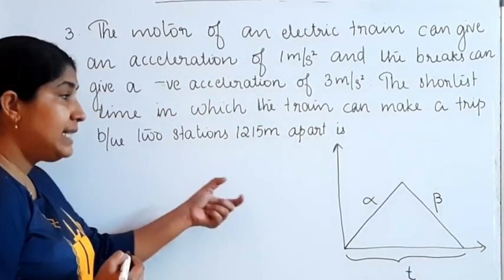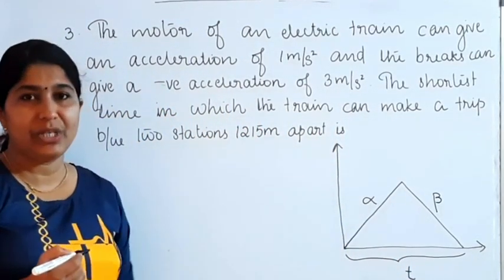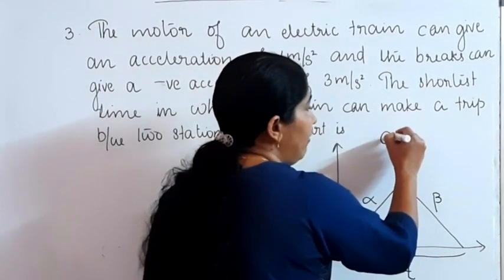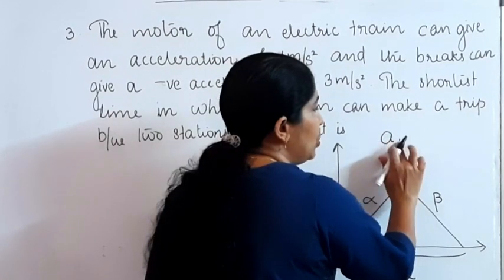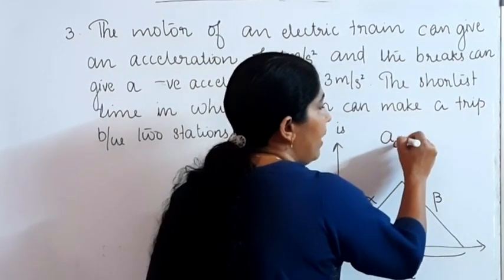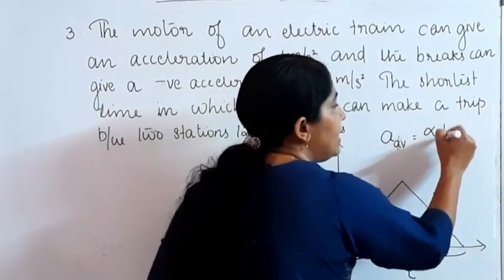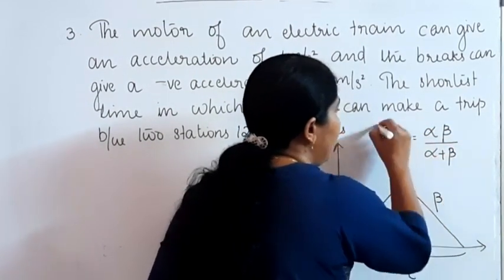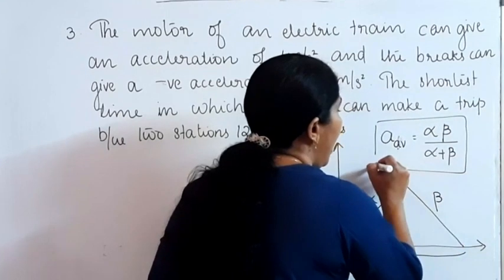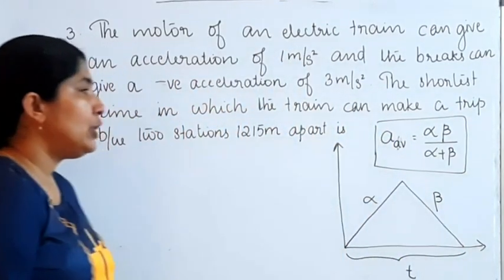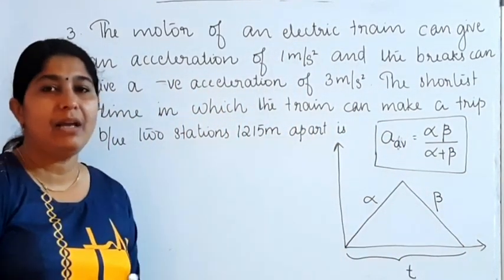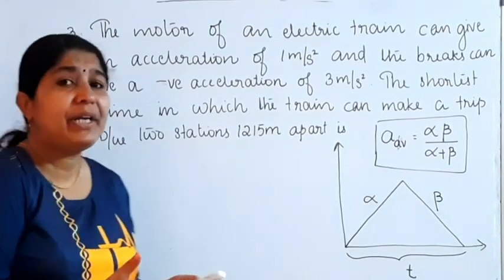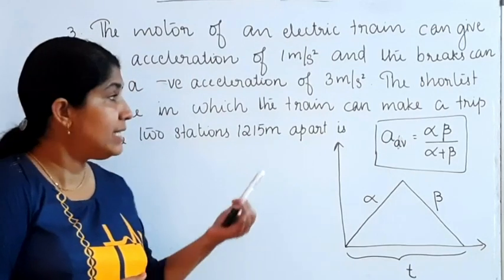Then the average acceleration during this journey can be written by using the formula average acceleration equal to alpha beta divided by alpha plus beta. This is also very important. Average acceleration is equal to alpha beta divided by alpha plus beta. Then how can we find out the velocity from this equation?